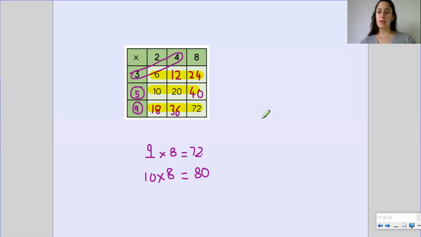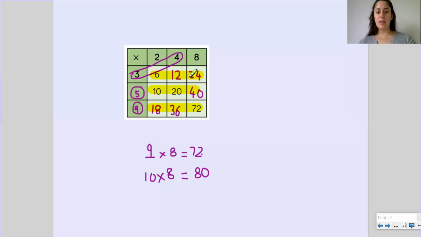Do you notice anything about these numbers? Well, the easiest for me to spot would be 10, 20, 40. Because if we just take away the zeros, we can notice that it's being doubled. So double 10 would be 20. So we've got one lot of 10 and another lot of 10, we've got 20. And then double 20 would give us 40. So the numbers are being doubled.